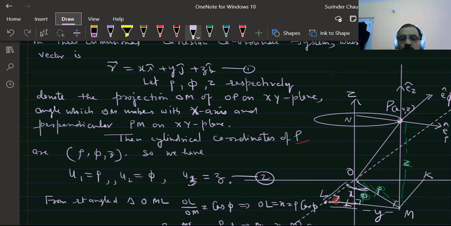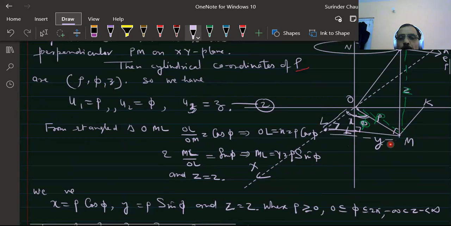Similarly, OL is equal to x, which is equal to rho cos phi. Similarly, ML upon OM, perpendicular over hypotenuse, is equal to sin phi. Therefore, ML is equal to rho sin phi, so y is equal to rho sin phi. And z is equal to z. So these are the relations between the Cartesian and cylindrical coordinates.